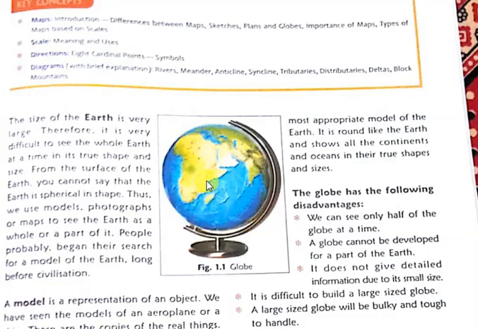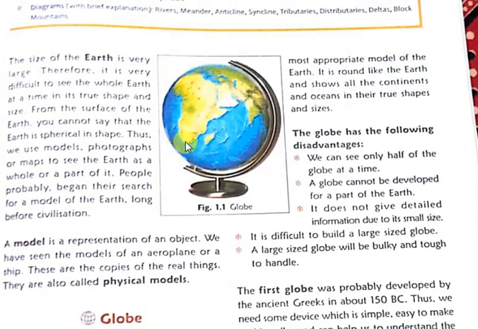Actually these are big enough, but to represent them on this globe surface, we are just reducing the size of it, and it is representing the size in comparison to the whole earth. This is what you have to understand.